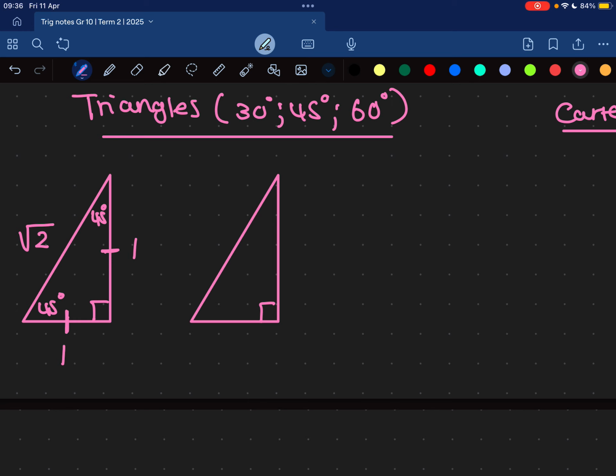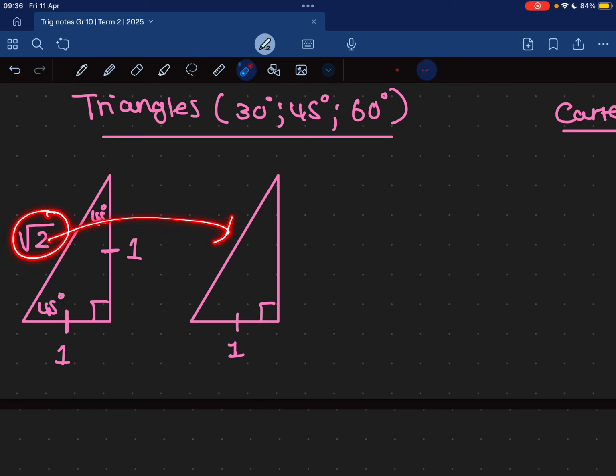So the second right angle triangle, what matches is that we have the 1 at the bottom. That's a way for you not to forget that we have 1, and now the hypotenuse, instead of being the root of 2, is just going to be 2.